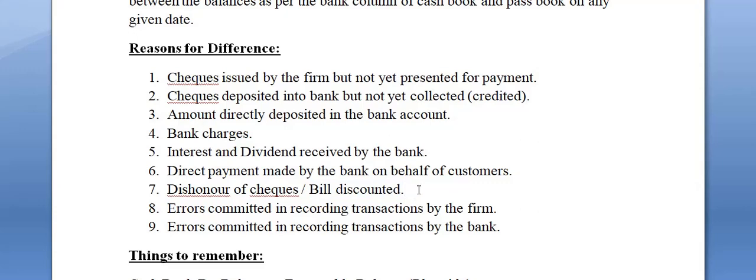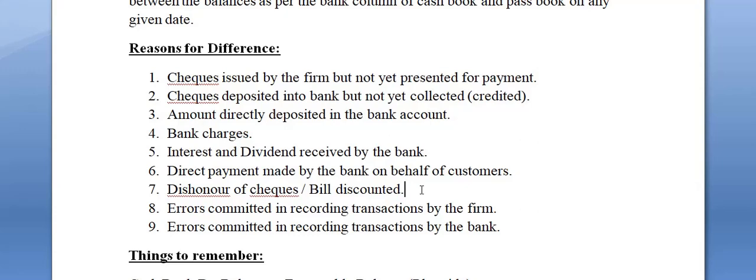Okay, there are two types of bills, that is, one is bills receivable and the other one is the bills payable. Okay, so we will see how promissory note is issued and how the bills are being paid on a particular date, that is the maturity date. Okay, and what are the procedures for the discounting of bill, we will discuss in the later chapter.